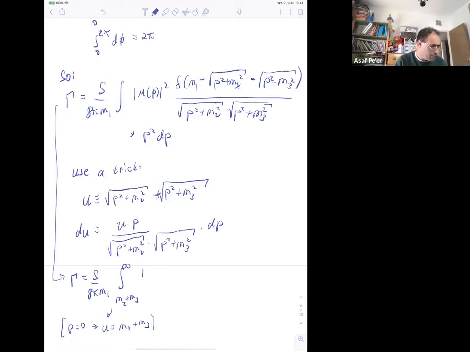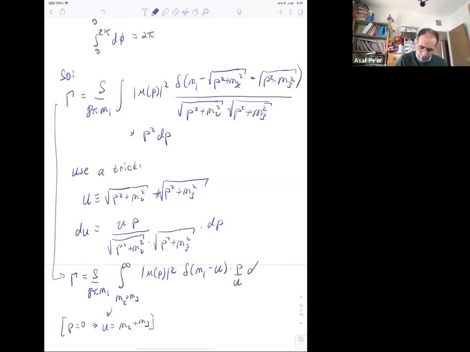So we have m of p squared, we haven't touched that. And then we have delta of m1 minus u times p over u du. Which looks much nicer than previously.